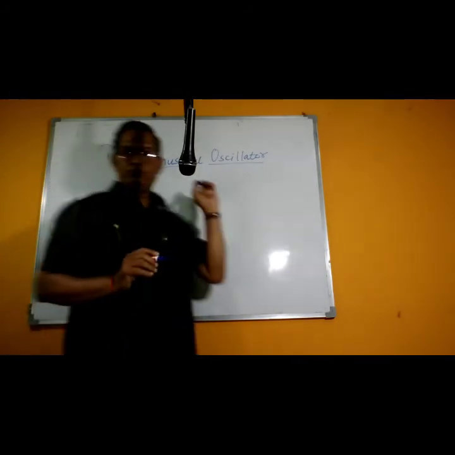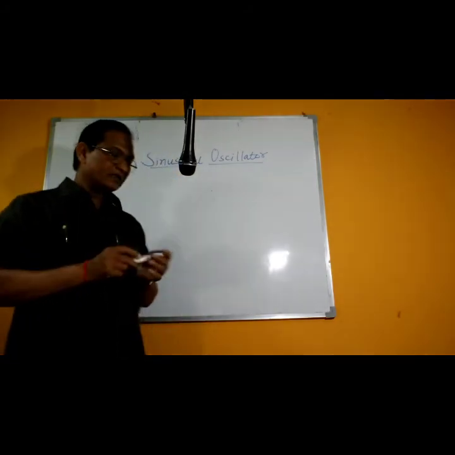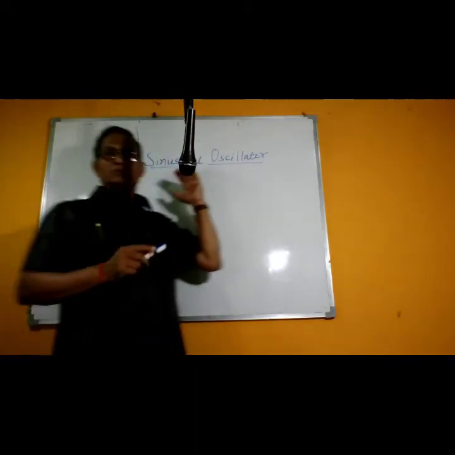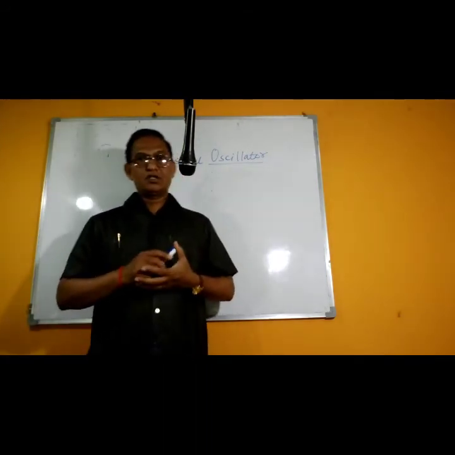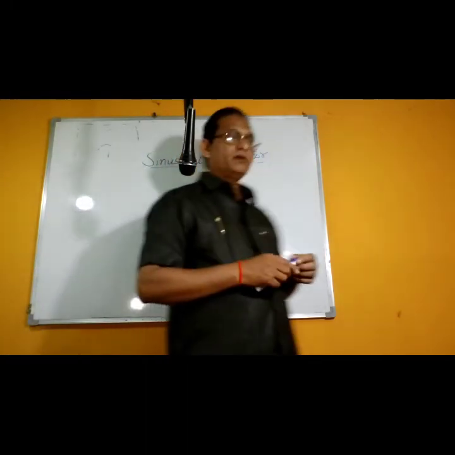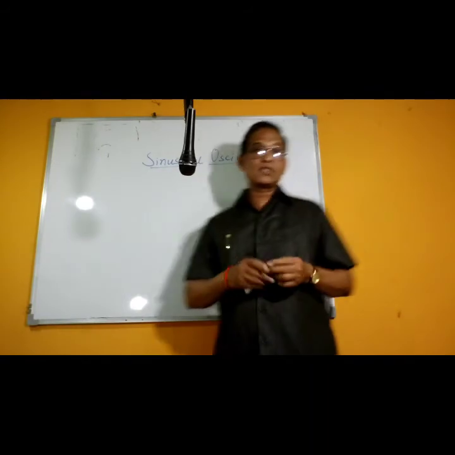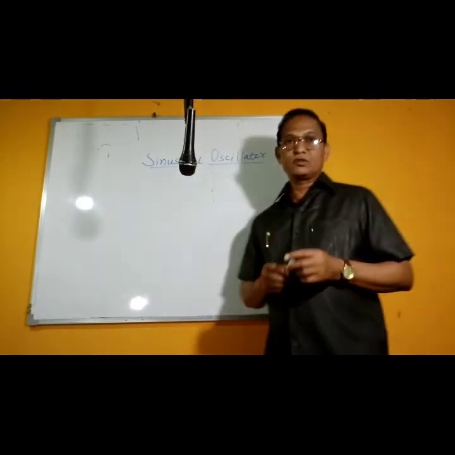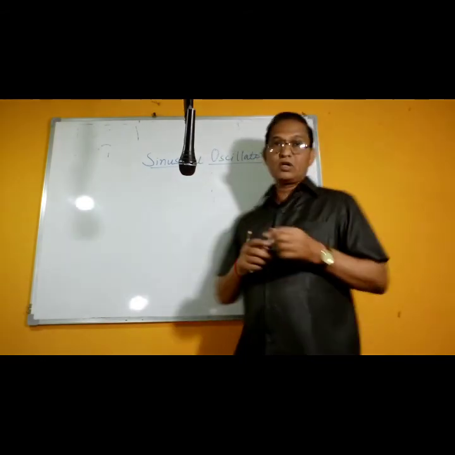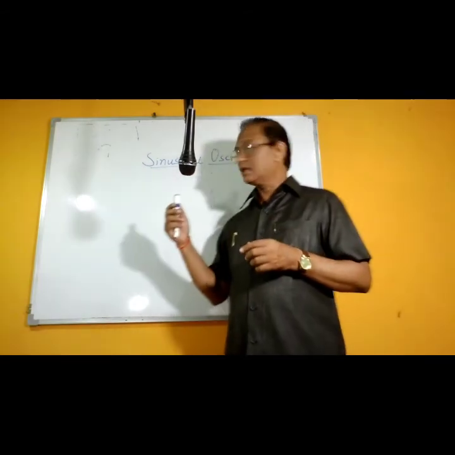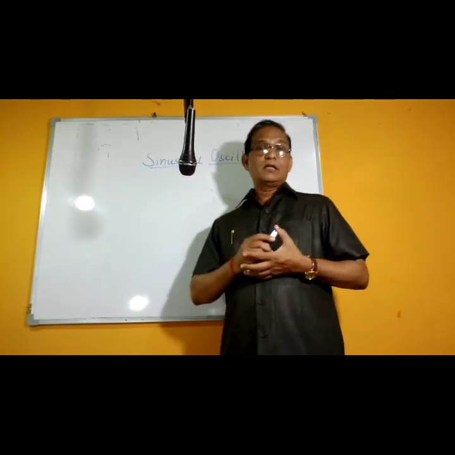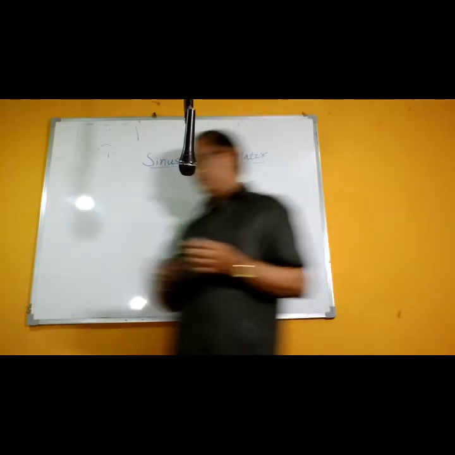So it is an electronic device which converts DC energy into AC energy with the desired frequency. It has no rotating parts, therefore it lasts for a longer life. Its frequency is stable, and its efficiency is high.